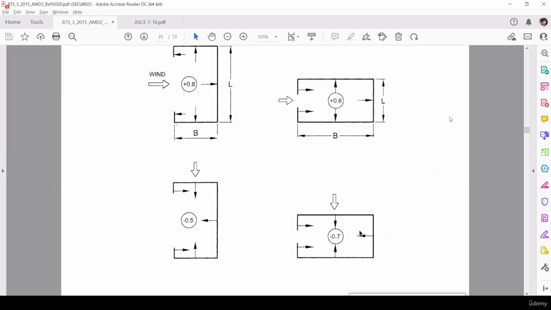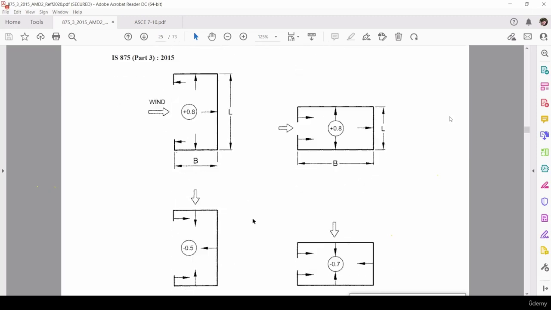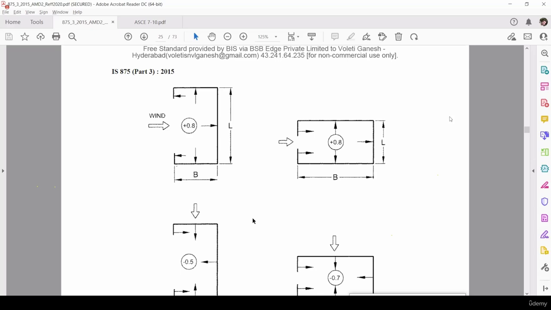So we will add 0.5 or 0.2 with negative and positive sign, or 0.8 will be the net pressure coefficient in the case of one wall open. Sorry, I didn't get it. Come once again, please. So, sir, is the 0.8 value CPE? No. CPI, internal. 0.8 is CPI. But CPI values are only 0.3, 0.2, 0.5 and 0.7.